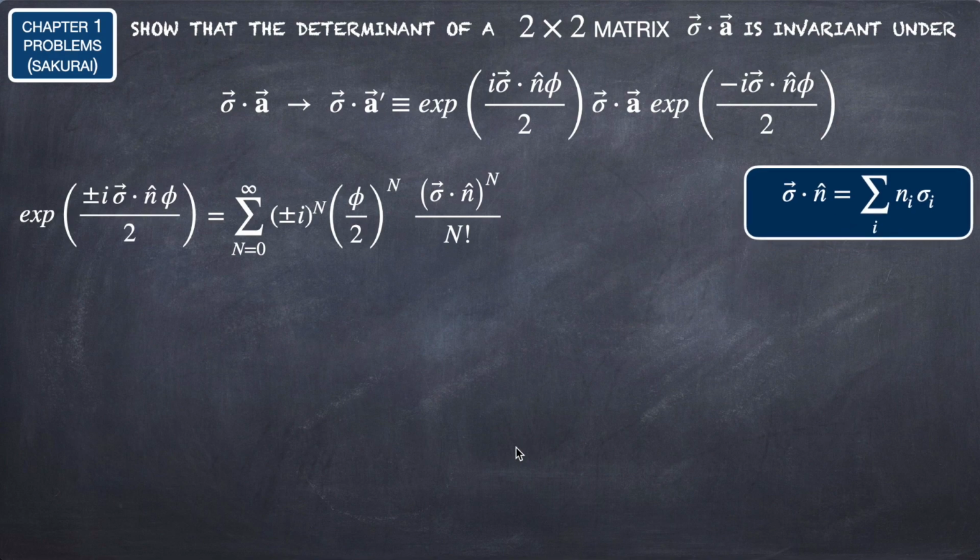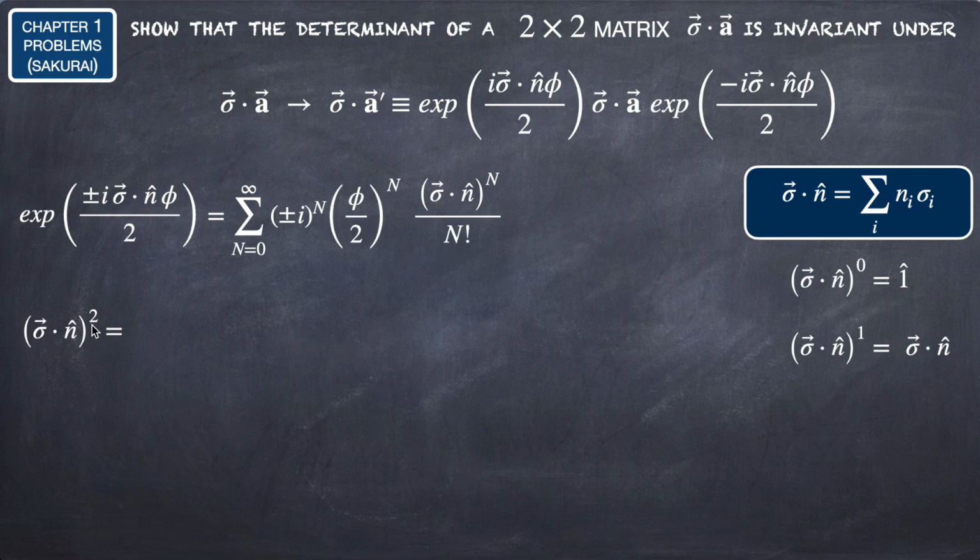And then, what is sigma·n to the power of 0? And what is sigma·n to the power of 1? They are obviously the identity, and here will be the sigma·n itself. Okay, so I guess you've got the idea here. We are going to find some of these terms. Maybe we can find a pattern.